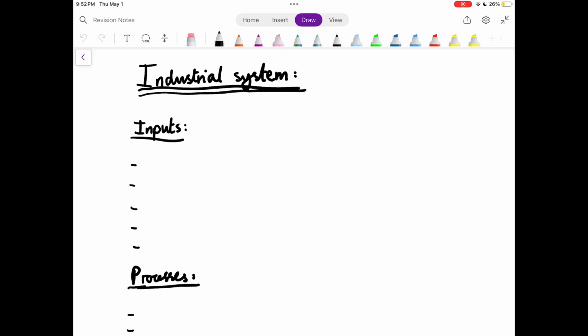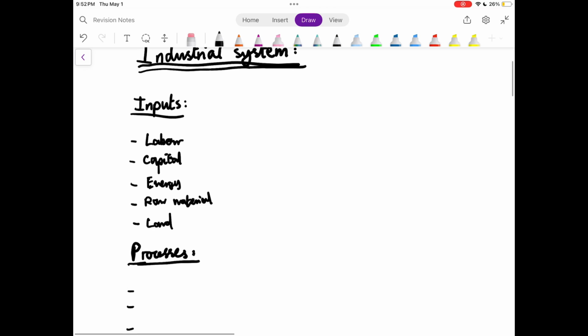So some examples of inputs include labor, capital, energy, raw material, and land.